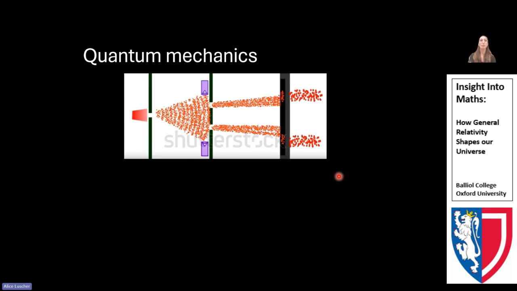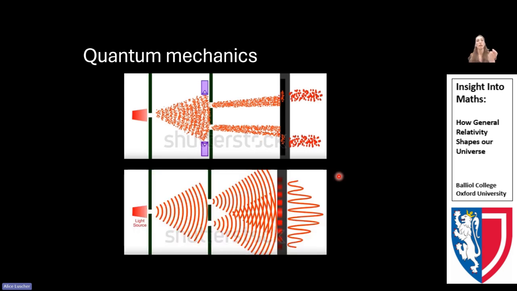Now imagine that I repeat the same experiment, but rather than throwing tennis balls, I throw some light. So what would happen is that light is a wave. So I have my wave getting to the wall, and it splits between the two slits. So now I have one wave going through each of the slits, and then I have two waves on the other side that interfere with each other.